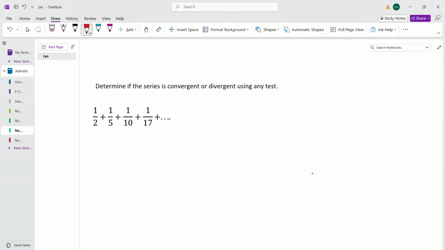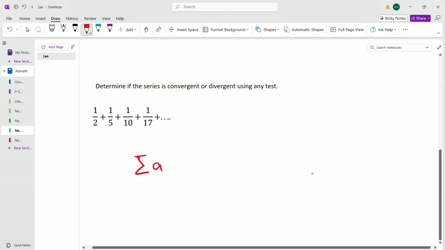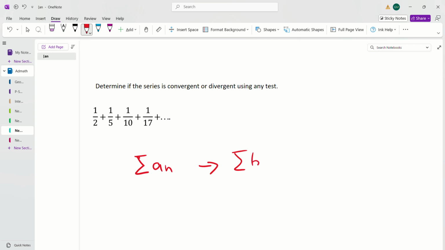Given that we have the following series, we need to determine if this series is convergent or divergent using any test. In this comparison test, we are using any type of test. The idea here is that we have the summation of a sub n, and we derive from it the summation of b sub n, and from this b sub n we use any type of test.